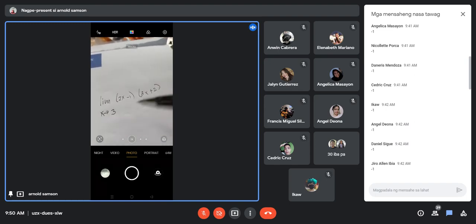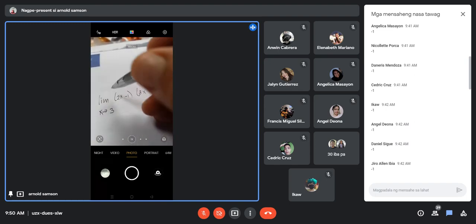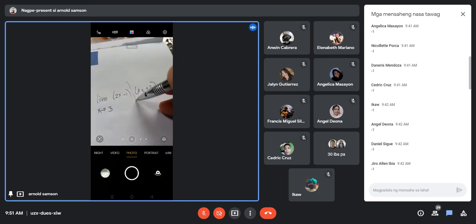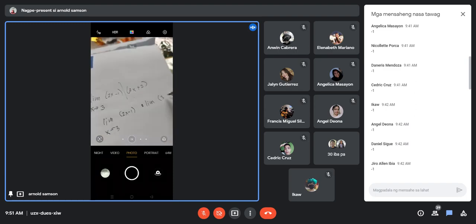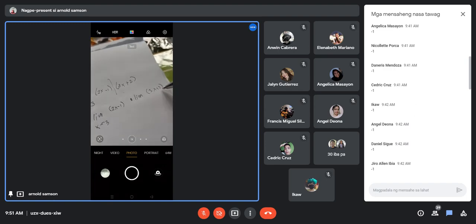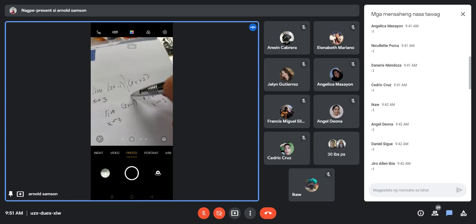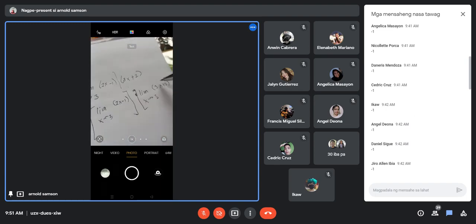For the product, we just get the limit of the first term. The limit of 2x minus 1 when x approaches 3, multiplied by the limit of 3x plus 2 when x approaches 3. Whatever the result is here, you just multiply. It's that simple.